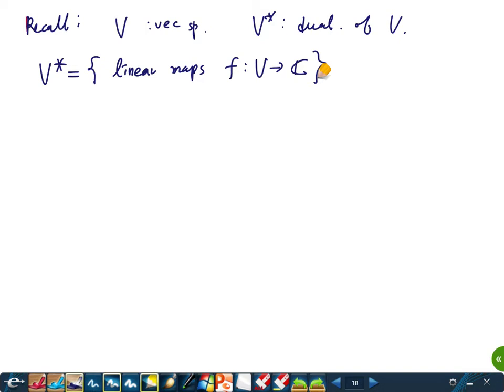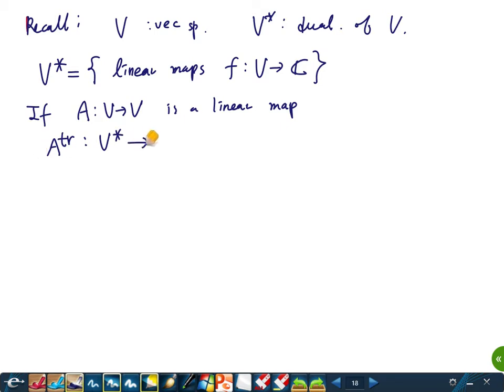Okay. Then if A is a linear map, the transposition, A transpose, is a map. We can define this transpose of A, which is the map from the dual of V to the dual of V, defined by, so we have to have an element here.